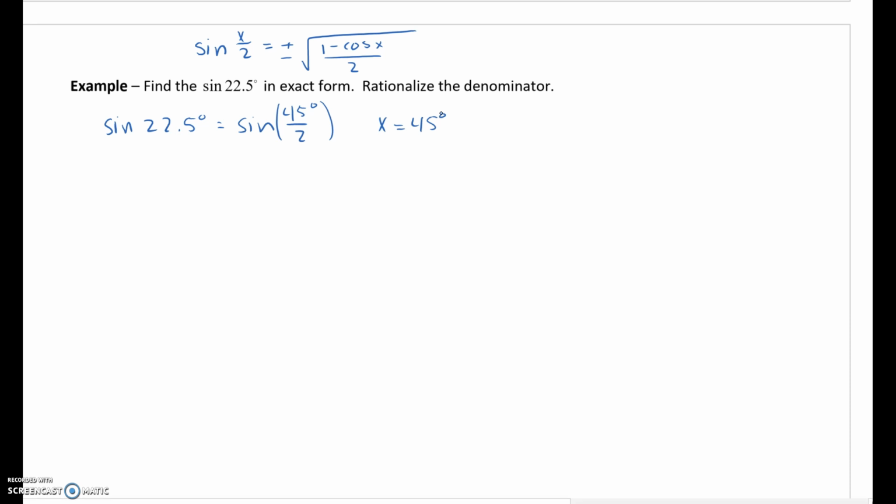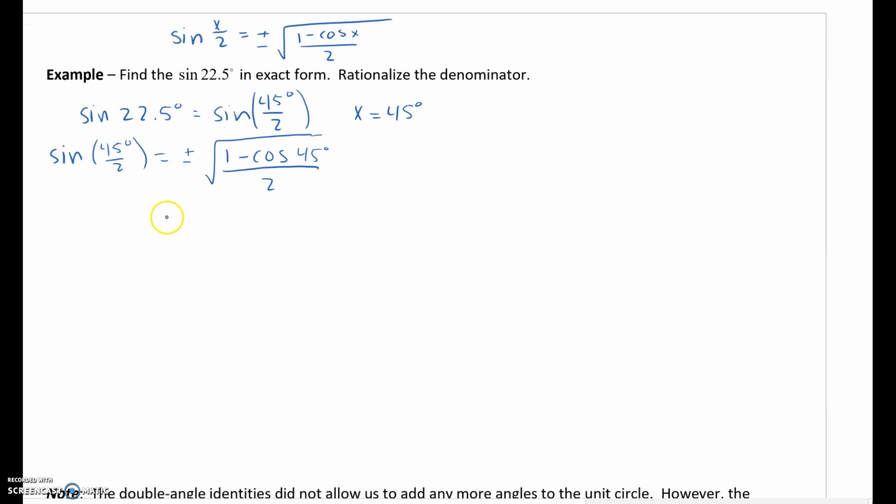So my formula, the sine, okay, we're going to pause it. So we're going to do the sine of 45 degrees over 2 equals plus or minus the square root of 1 minus the cosine of x, which is 45 degrees, all over 2. We're going to simplify and rationalize the denominator, and then we're going to deal with the plus or minus in just a second.